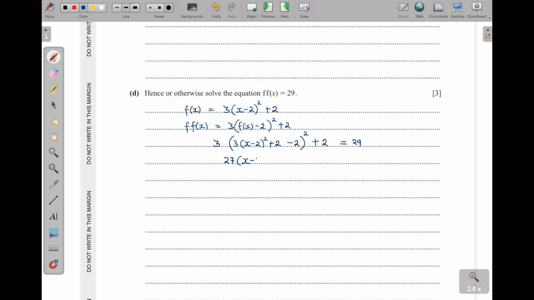So (x minus 2) to the power of 4 is equal to, take this one this side, it becomes a minus. So 29 minus 2, that one gives us 27. Do you see that we can divide all through by 27 and it disappears? That means we shall have (x minus 2) to the power of 4 equal to 1.